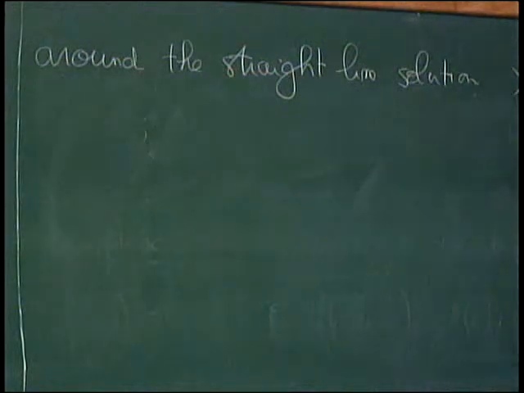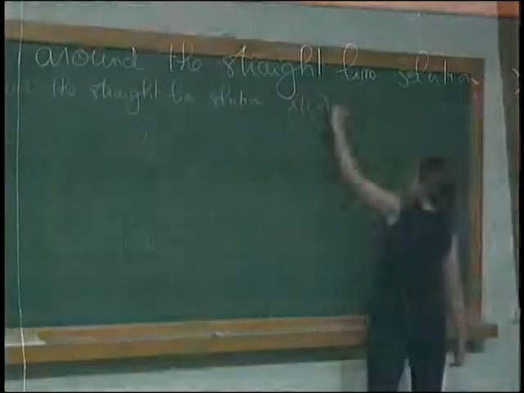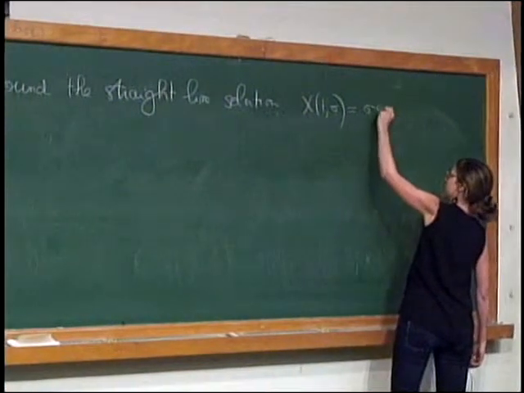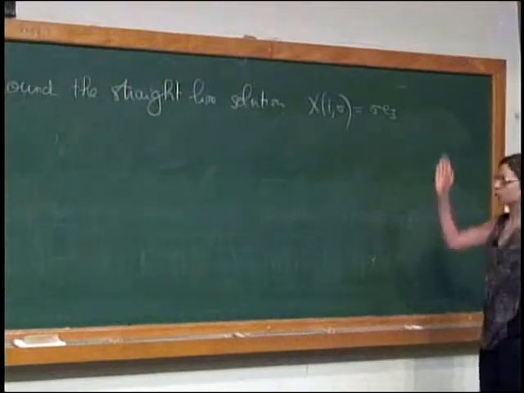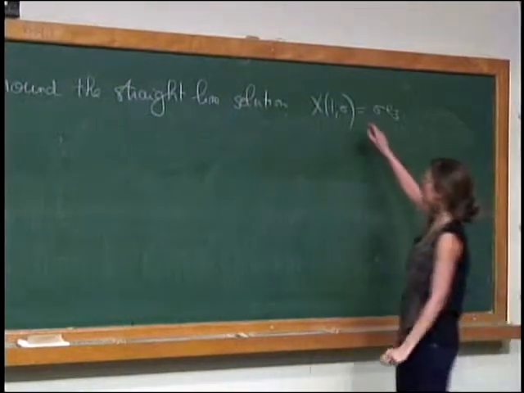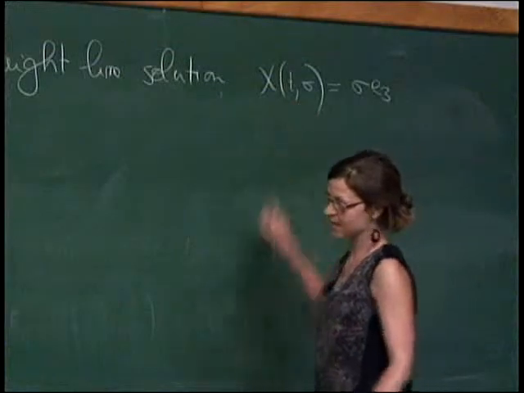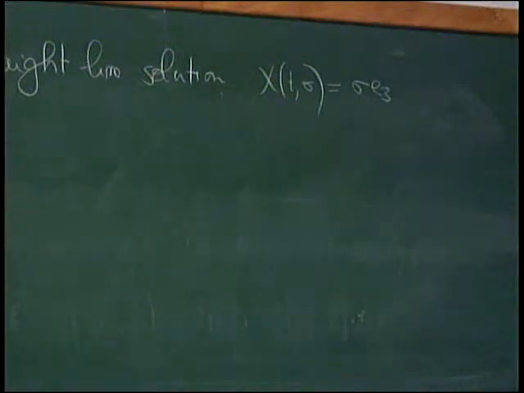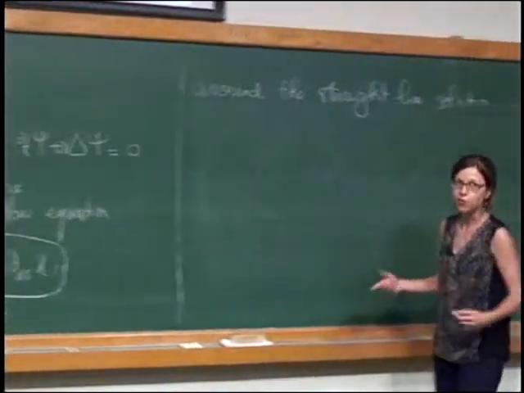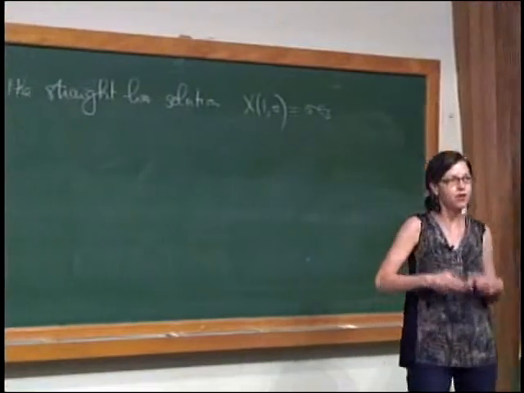Chi of t and sigma equals sigma E3. So in fact, if I take a straight filament and I linearize by means of psi, I get this equation. And as I said, the binormal flow equation is supposed to modelize the evolution of a single vortex filament.